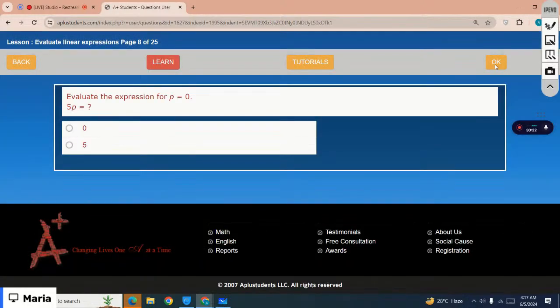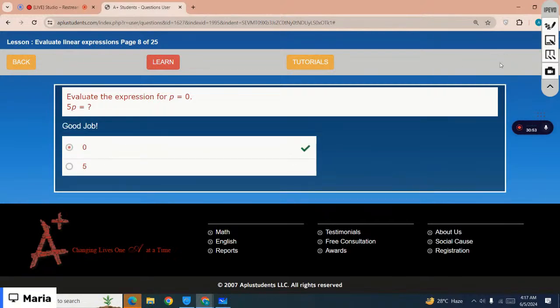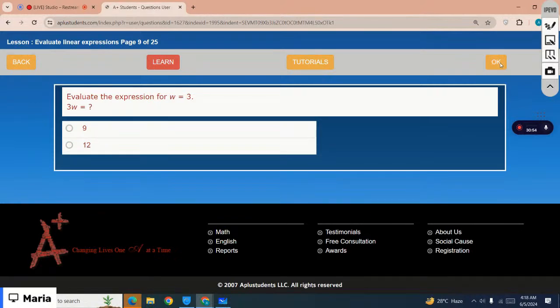Evaluate the expression for p equals 0. 5p, which is the correct option? Yes, that is 5 times 0, and 5 times 0 is 0. The correct option is 0. Evaluate the expression for w equals 3. 3 times w.